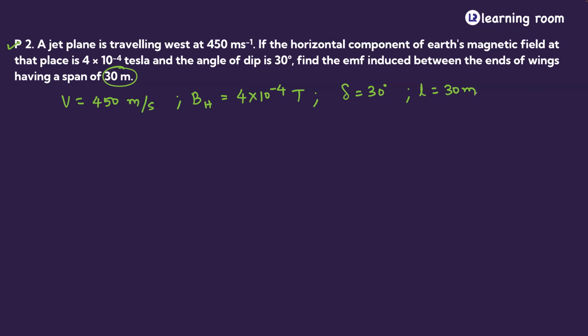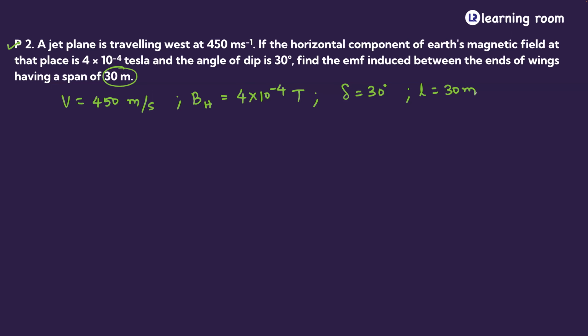So when BH and delta are given, there is a relation between BH, delta and BV. First of all, you need to understand what this angle of dip is. Whenever you place a compass in a magnetic field, the compass is going to rotate like this to show the north and the south direction. But along with the rotation, it will also oscillate like this. So what is happening is it is getting dipped. This bend that is taking place when it is rotating is what is called the dip.